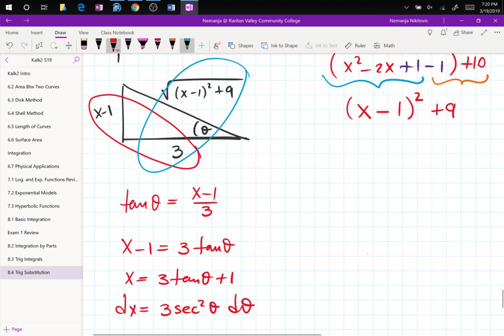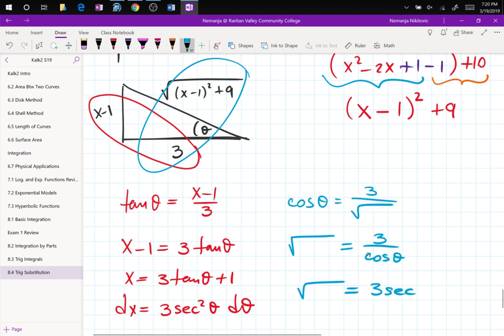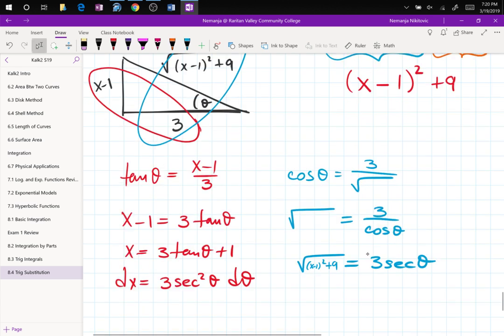Done deal. Blue one: the square root is equal to 3 secant theta, and the square root is this long square root of x minus 1 squared plus 9 thingy. Remember how I told you to square both sides to kill the square root, and then you can plug it in quickly.